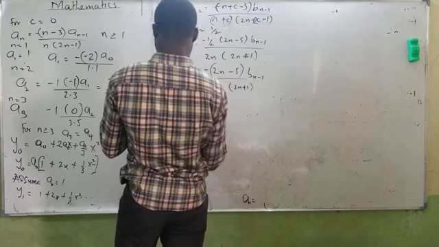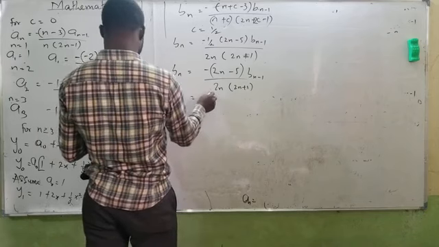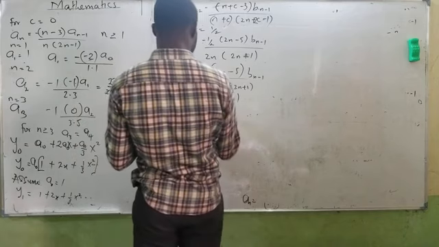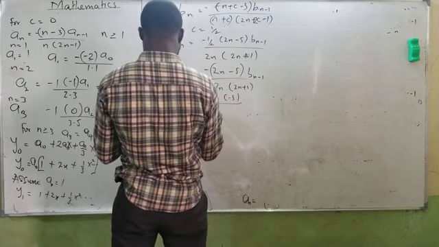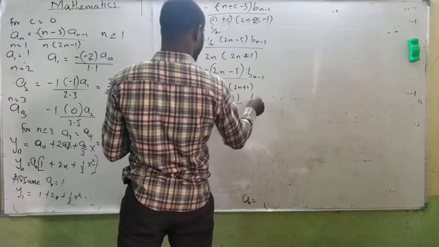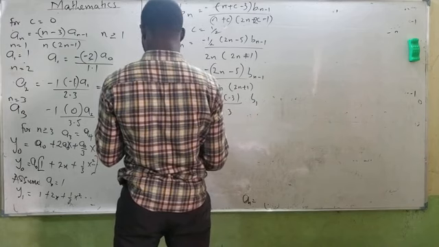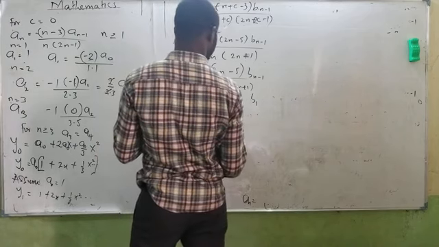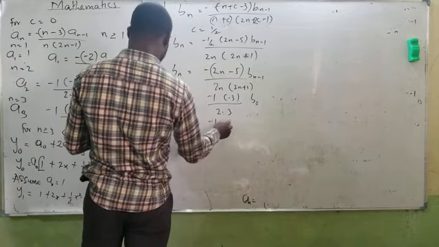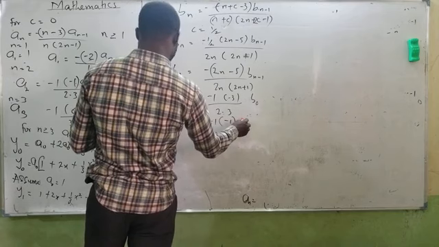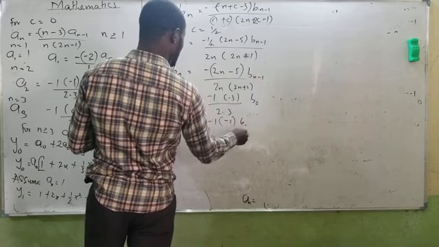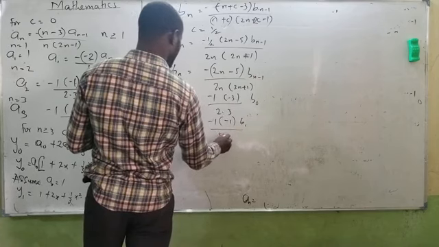2n plus 1. Now, it means my b1 will be equal to minus 1 minus 3. Yes, minus 3 divided by that'll be 2.3 of b1, b minus b of 1, b naught. b of 2 will be equal to minus 1 and b2, which is going to be b1 divided by 4.5.